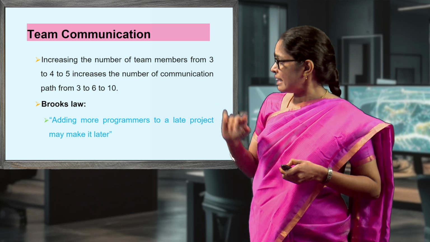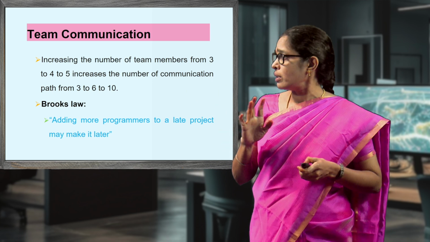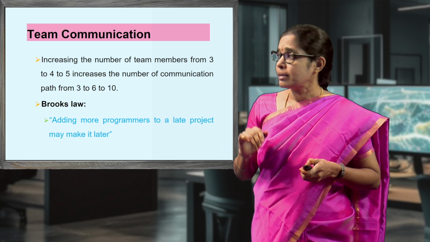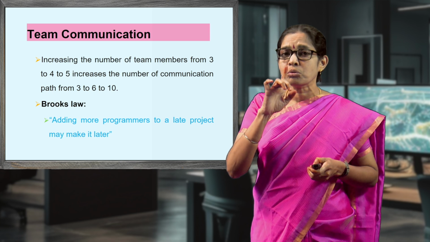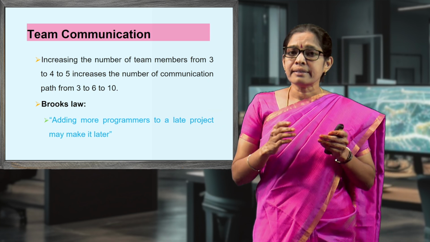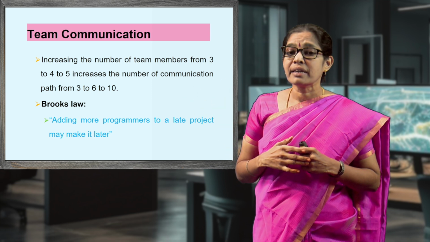Increasing the number of team members from 3 to 4 to 5 increases the number of communication paths, depending on the number of programmers. The paths may be 3, 6, 10. So, according to Brooks' law, adding more programmers to a late project may make it later.